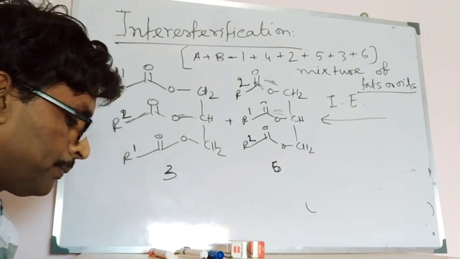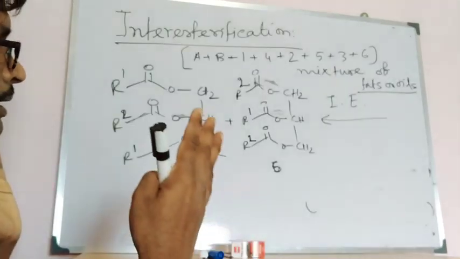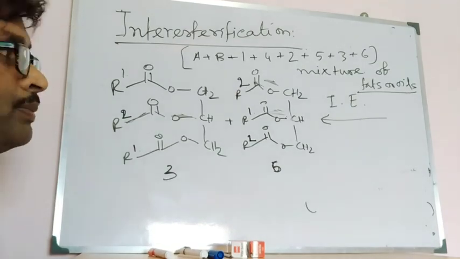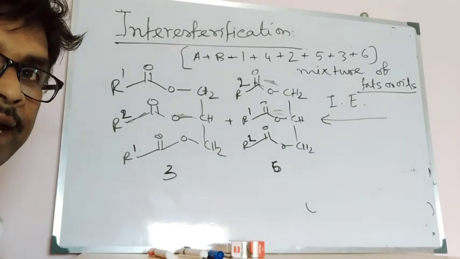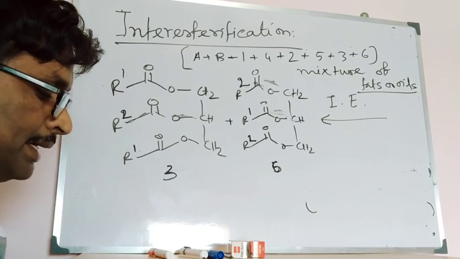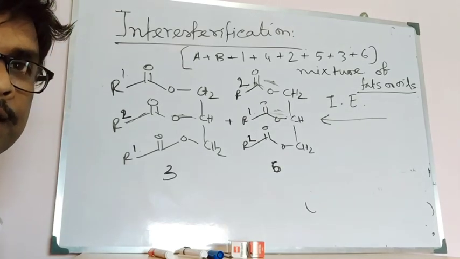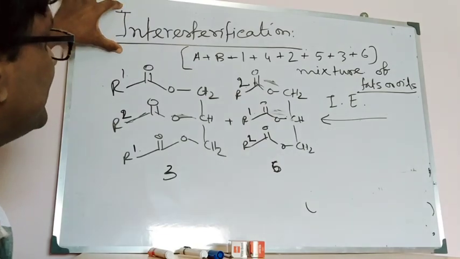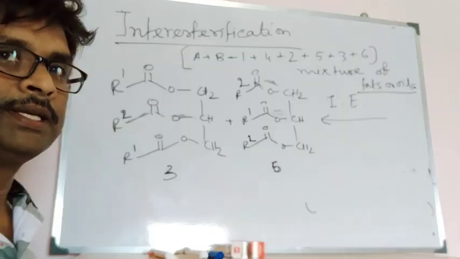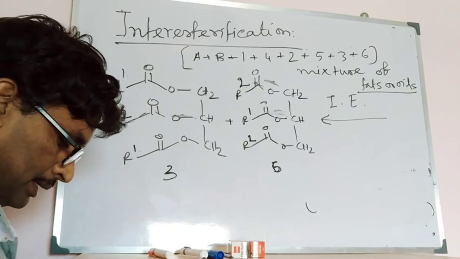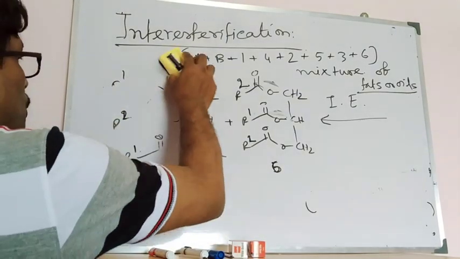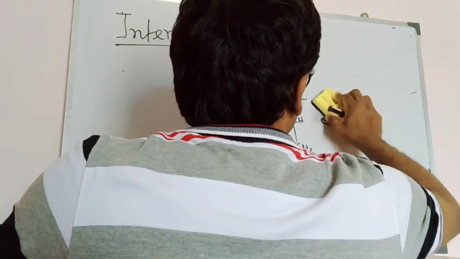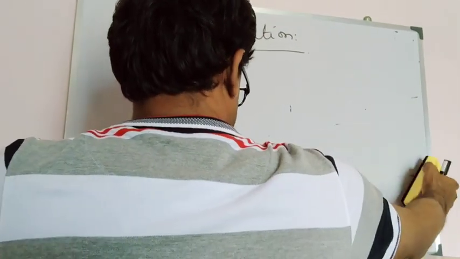By this way, we can increase the melting point of the oils without increasing the trans fatty acid in the triglycerides. So by using interesterification, we can achieve our goal.